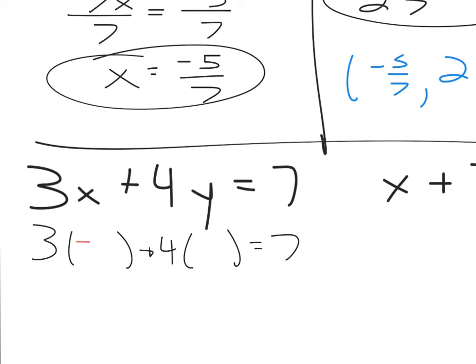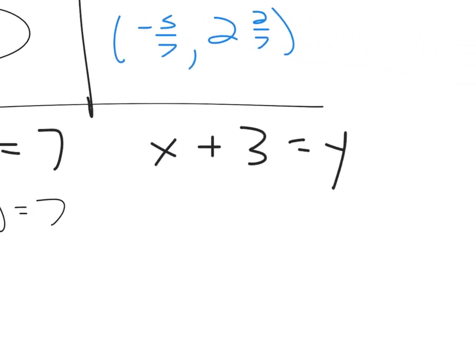And what goes in those parentheses? Negative 5/7 for x, and 2 and 2/7 for y. I'm going to just put these values in here: negative 5/7 here, and 2 and 2/7 here.